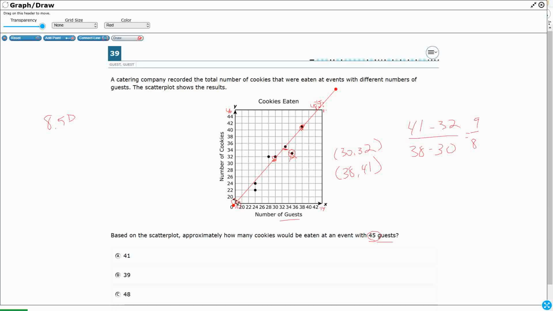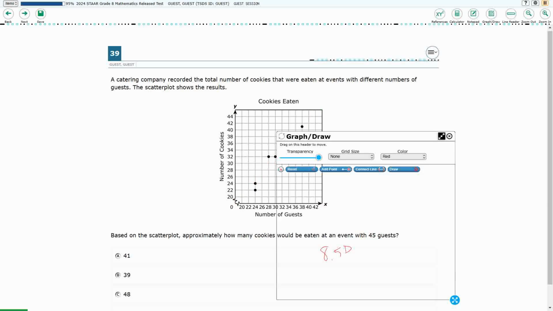Now remember, my direct variation is y equals kx, right? You take your x value, multiply by the slope, boom, you get your y value. Well, now I have identified my k, or my m, and it can be both, as 9/8, and we say my value of x needs to be 45, so let's use a calculator.